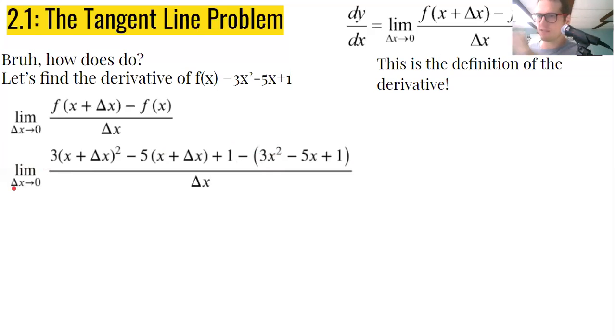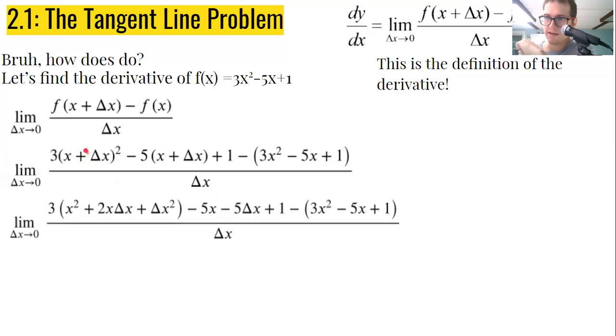Eventually I want delta x to be 0. Is it going to happen right away? No, but it will eventually. Because if I let delta x go to 0 right now, I'm going to get indeterminate form, 0 over 0, which is not what we want at all. So let's continue from here and see what happens.